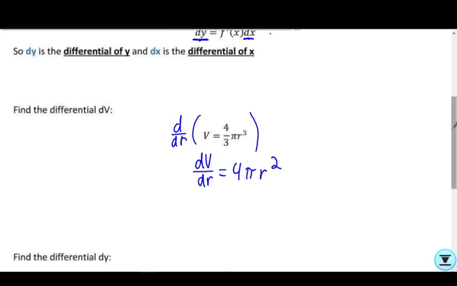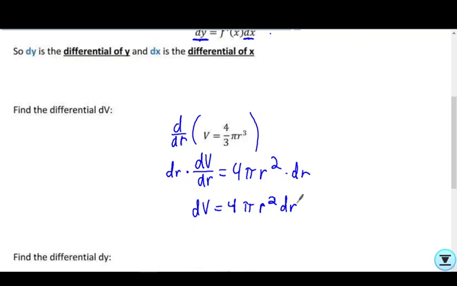This is telling me how my volume is changing over my radius, but I want just the differential dv. So you multiply both sides by dr, and you get your differential dv equals 4 pi r squared dr. Okay, and that's my differential dv.